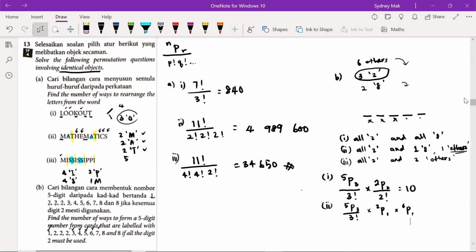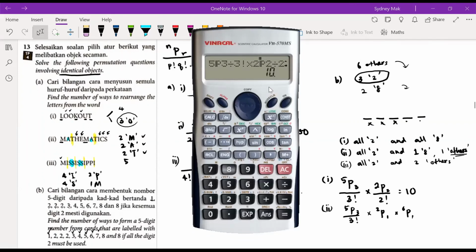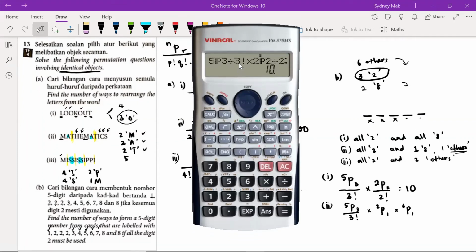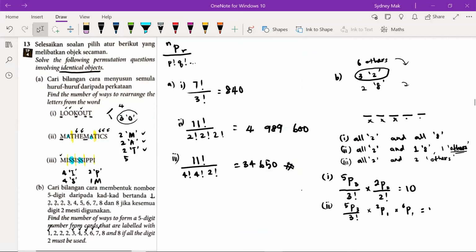Let's use the calculator: 5P3 divided by 3 factorial, followed by 2P1, and times 6P1. So we have 120 ways for the second scenario.